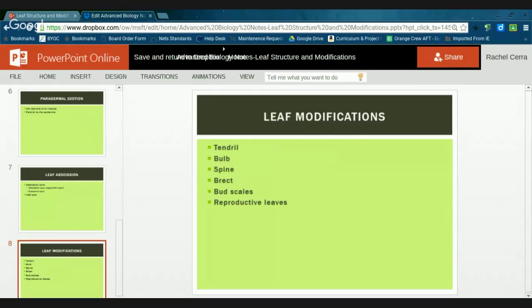then the last one is, I think, kind of interesting. They're the reproductive leaves. The most well-known source, I'm not sure if I'm going to say this right, is the Kalanchoe plant. They produce this leaf-like structure that's going to make these tiny structures called plantlets.